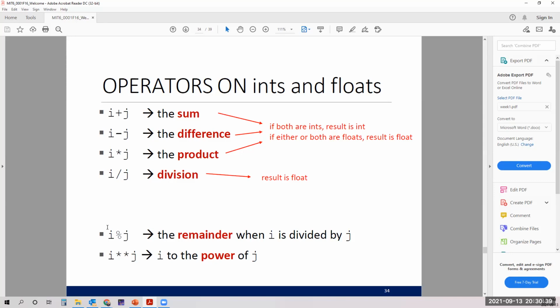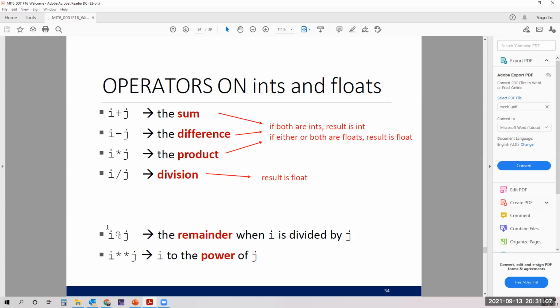If both are integers, the result is an integer. If either is a float, or both are floats, the result is a float. For division, the result has the float type, even if I divide 4 by 2. Python is designed so that any division gives a result of type float.